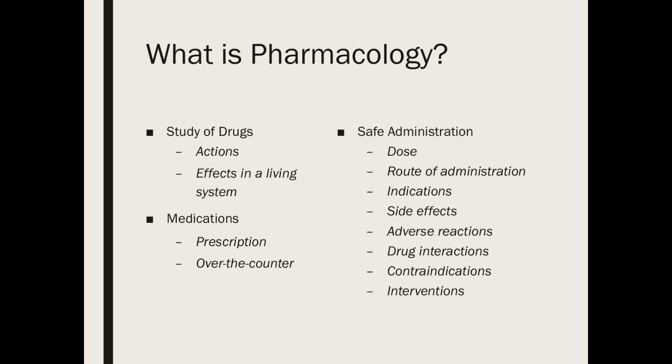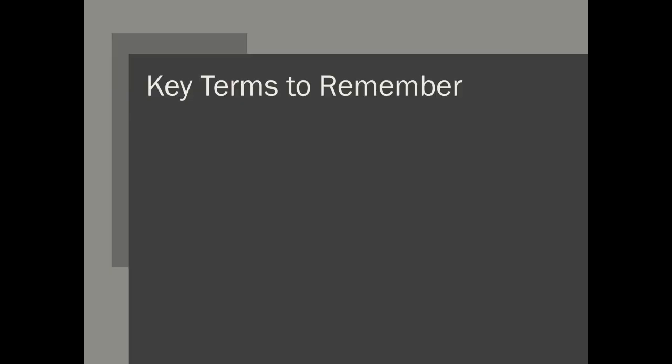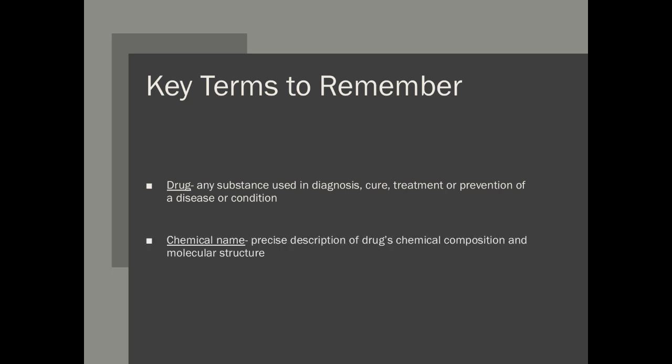And then, when are we giving these interventions, these medications? So this is kind of what we're going to be talking about throughout the semester and just pharmacology as a whole. We have a number of key terms to define and keep in our mind. So a drug, a medication, is any substance that's used to treat, cure, diagnose, or prevent a disease or a condition. So this external thing that goes into our body.